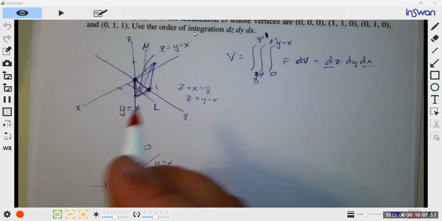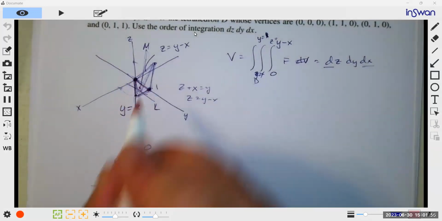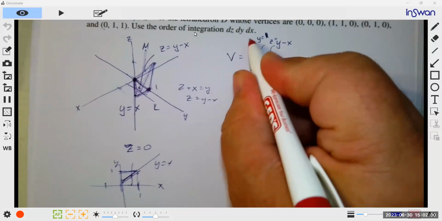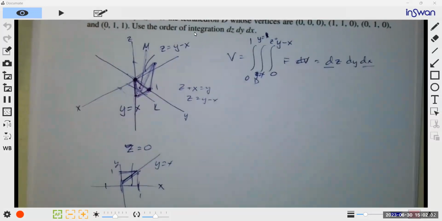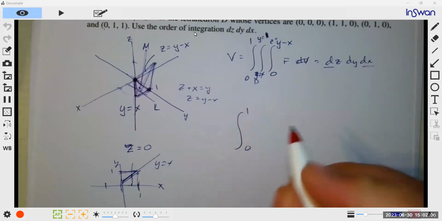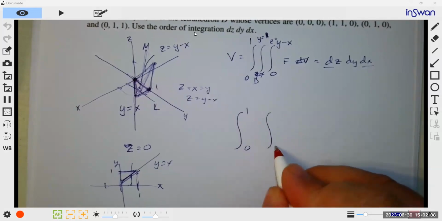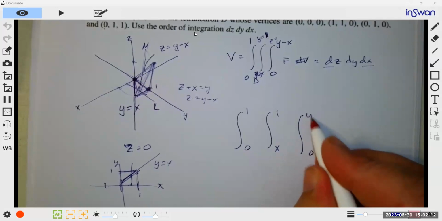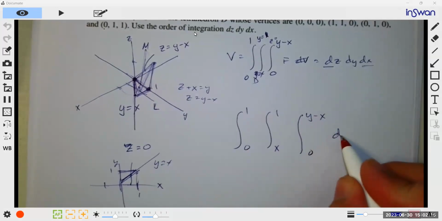And where does x go? x goes from 0 to 1. So our bounds of integration are 0 to 1, x to 1, 0 to y minus x.